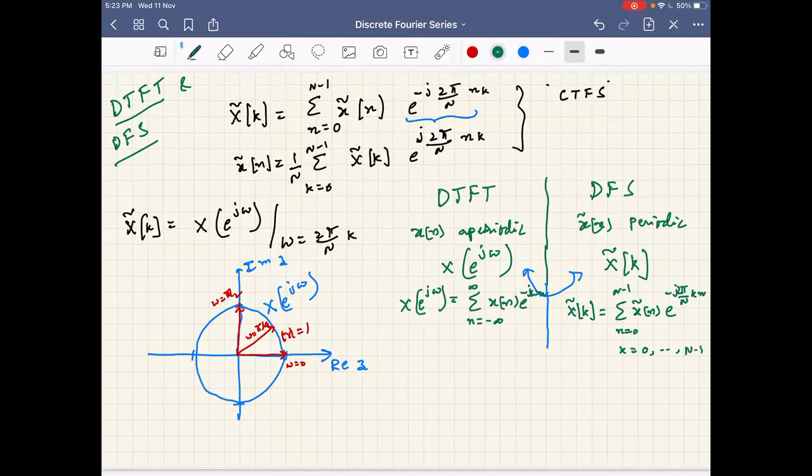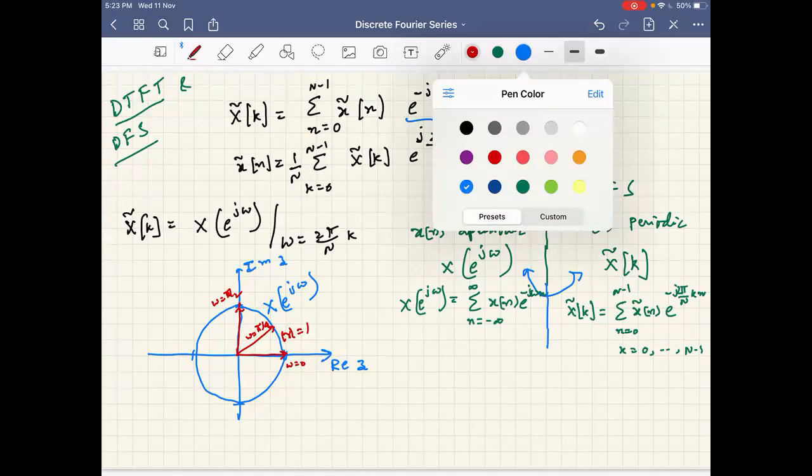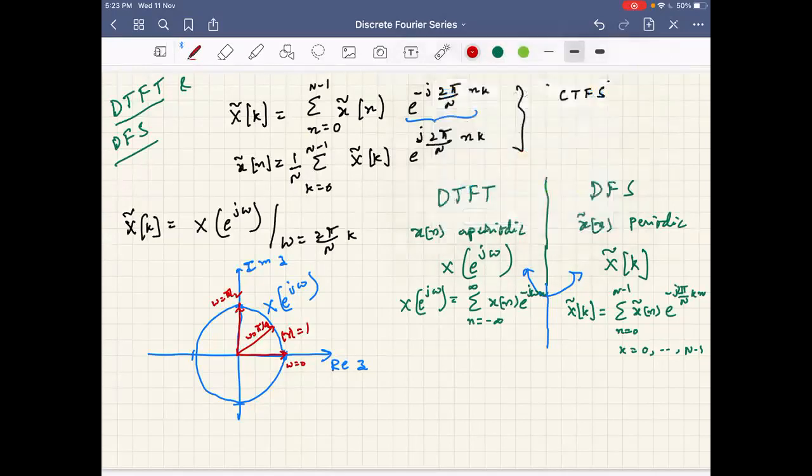Okay, so if you would like to see, let us take another color. Here it is X tilde of 0.